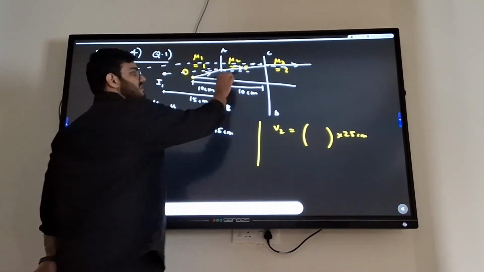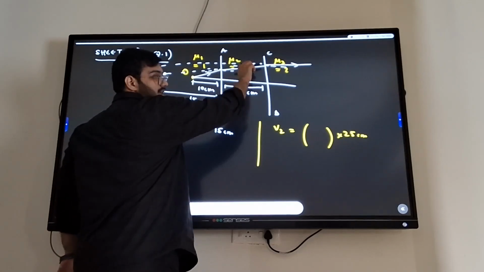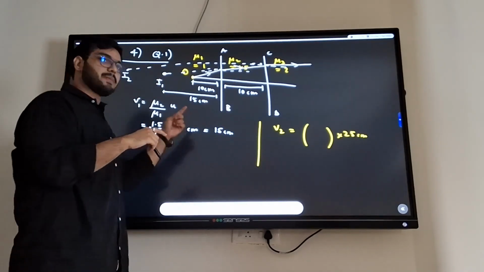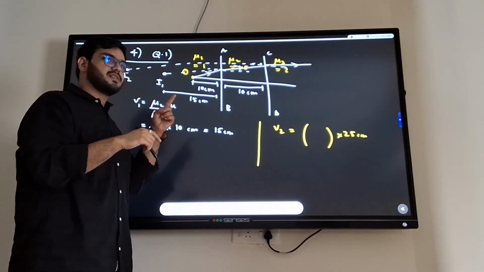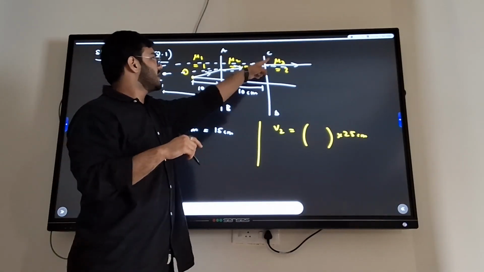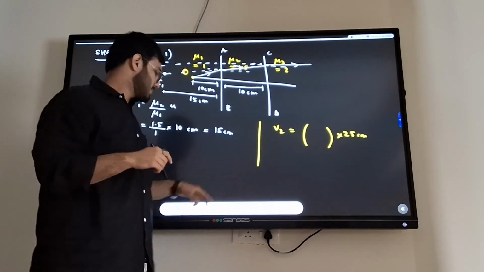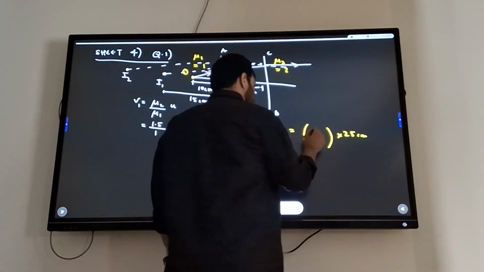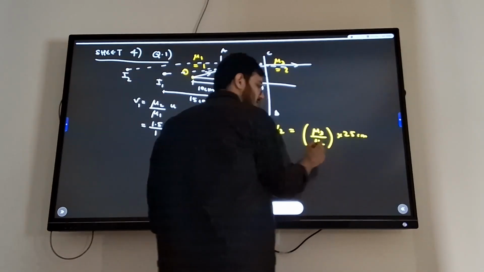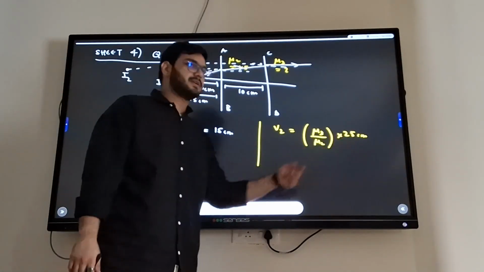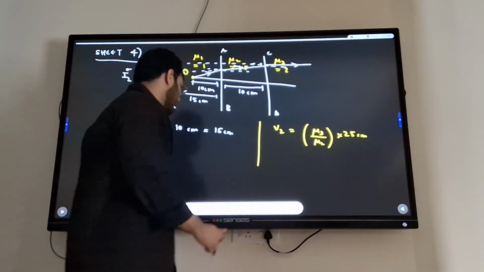But where is the ray coming from? Coming like this, right? Do you remember how we found these relations? We applied Snell's law at boundaries. When I apply Snell's law, this is the meaning for this ray. So I should apply mu3 by mu2. Do you get the logic of why it should be mu3 by mu2 and why it should be 25 centimeter? Good. Then we are done.